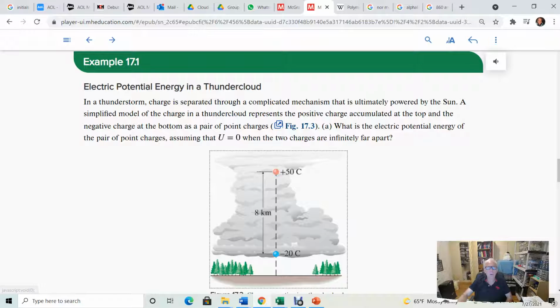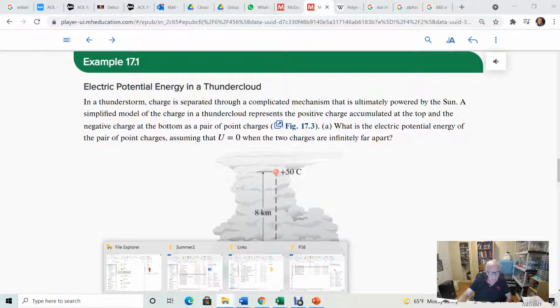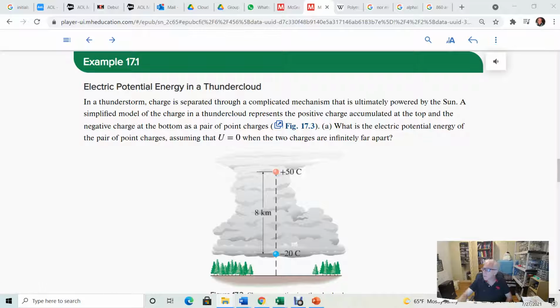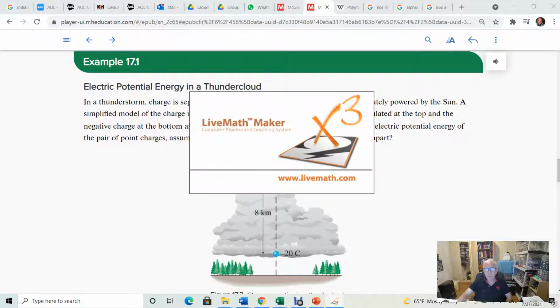So let's take a look. What's the electric potential energy of the pair of point charges? That's easy, right? You already know what the equation is. I'm gonna do that for you anyway. Here you go. That's a simple type of problem that's easy to solve. I'm going to get my favorite software here. The one I like to use.